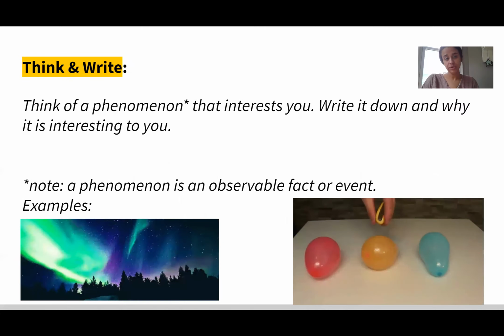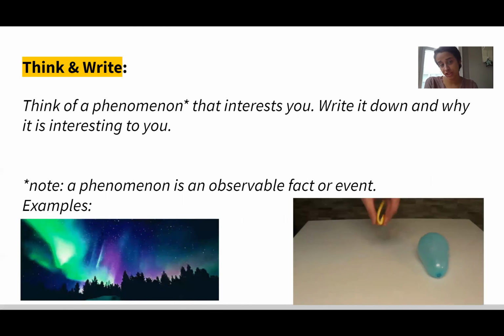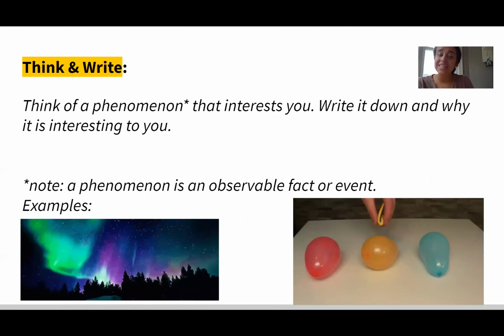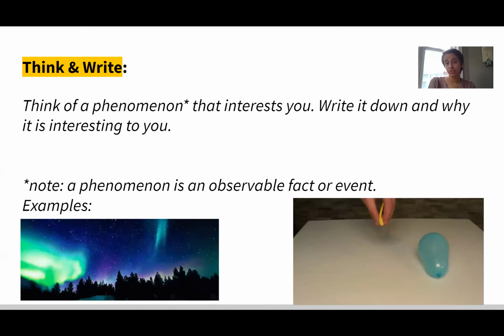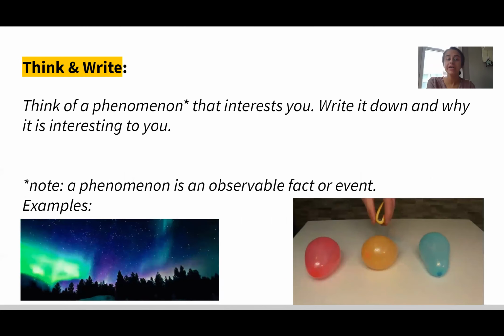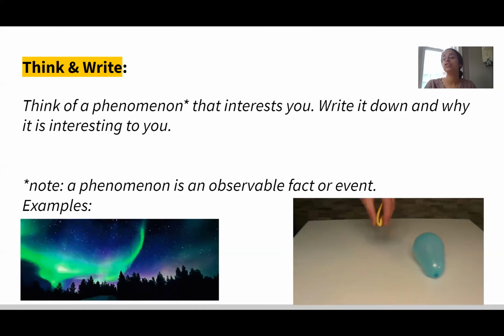So without further ado, we're going to start on that first page, on page 5. Think about a phenomenon that interests you. Write it down and why it's interesting to you. I want to introduce this word into our vocabulary if we don't already have it. A phenomenon is an observable fact or event. It can be a solar eclipse.